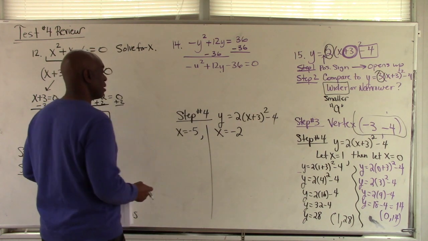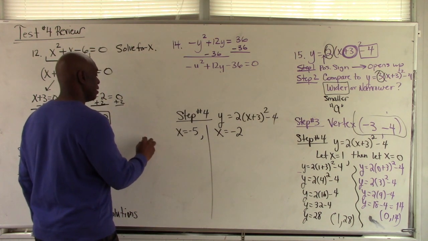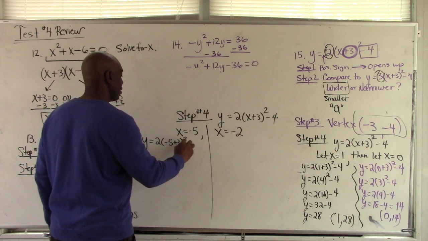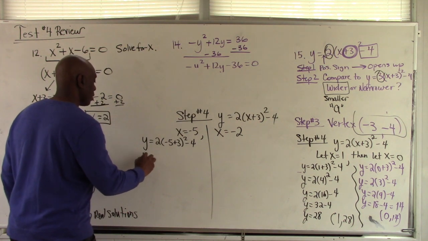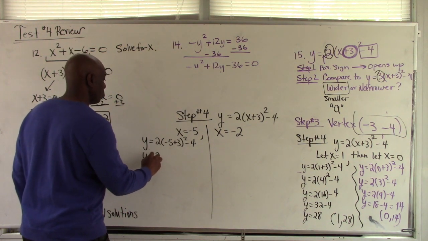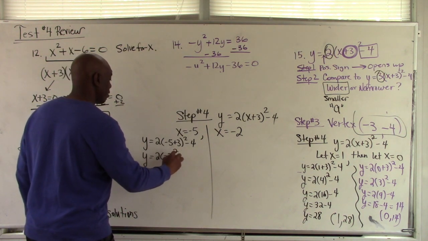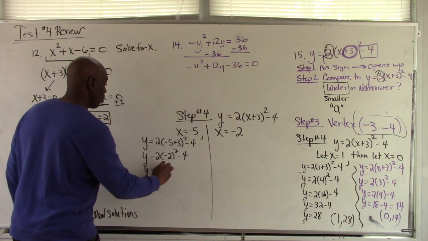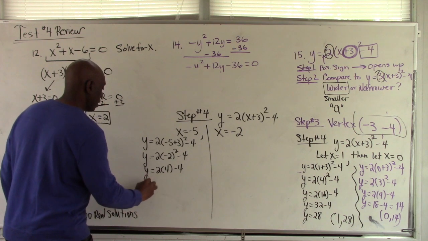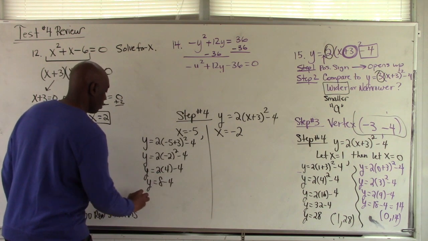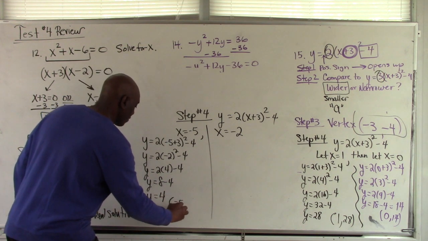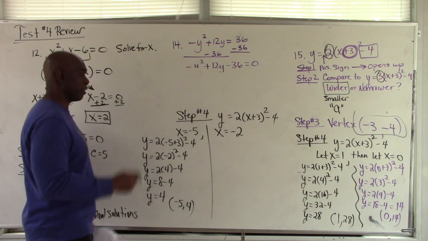If I do that, I'm going to have y equals 2 times -5 plus 3 squared minus 4. So y equals 2 times -2 squared minus 4. And so y is 2 times 4 minus 4. And y is 8 minus 4. And so therefore y is 4. So I'm going to have -5 comma 4. That's one point.